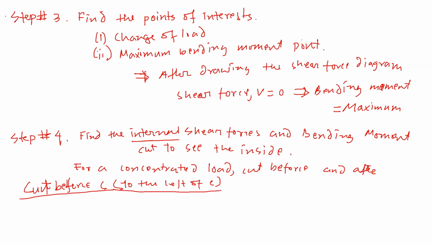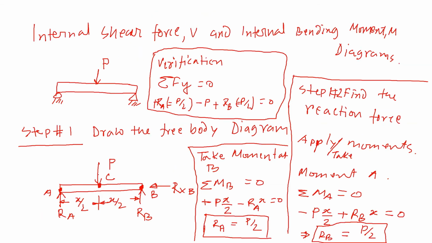If we cut before point C, our beam is like this. We'll see the reaction force here, P by 2, at distance x by 2. This is very slightly before C, so the distance would always be x by 2, not that different. If we cut right before C, we don't really see this P force.